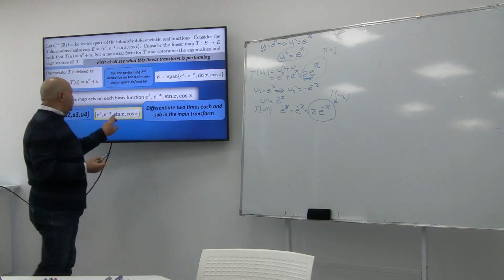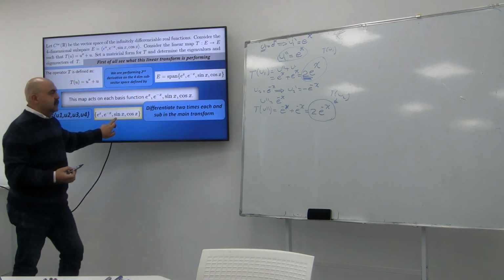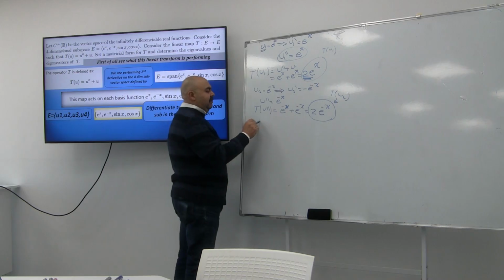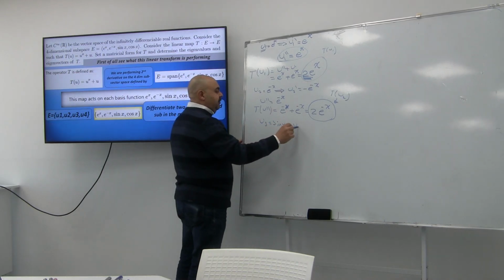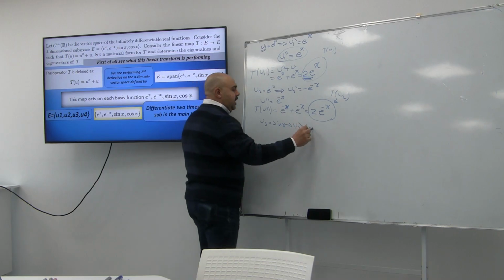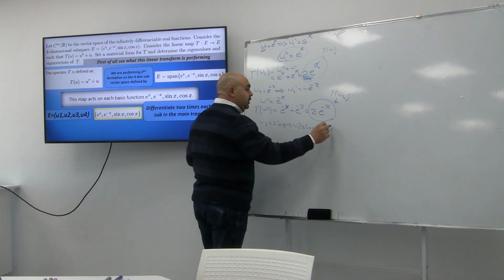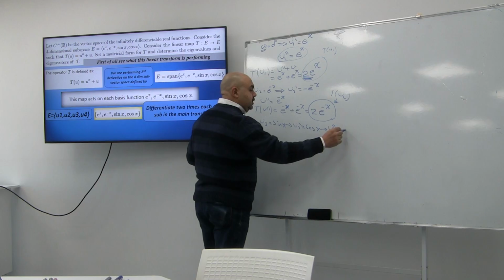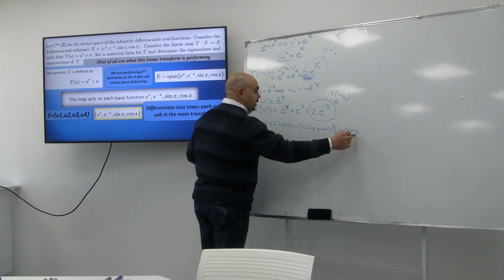But here u3 is sine of x. Differentiating sine x gives cosine of x, and differentiating once more gives negative sine x.